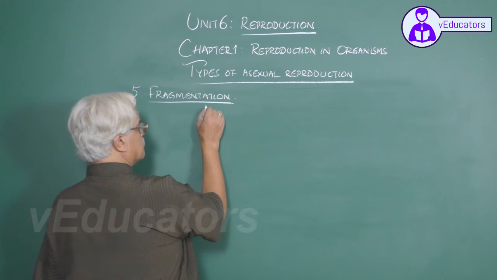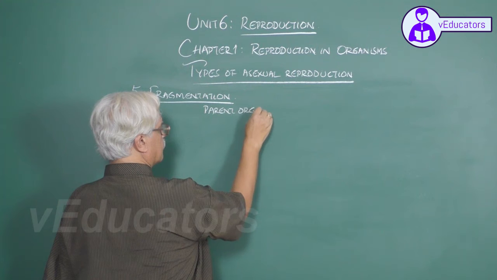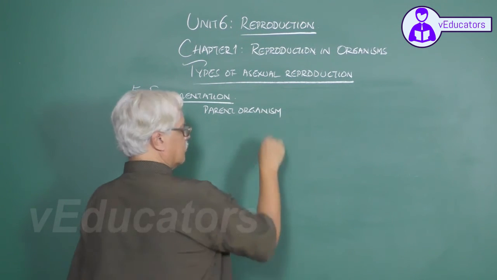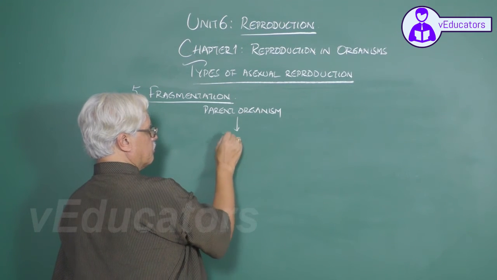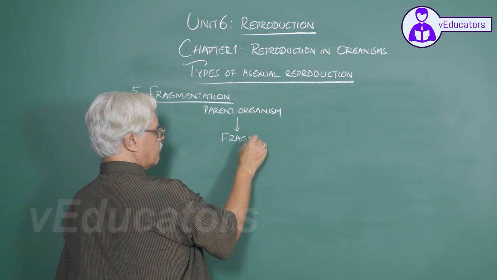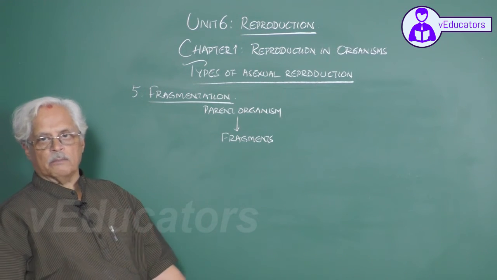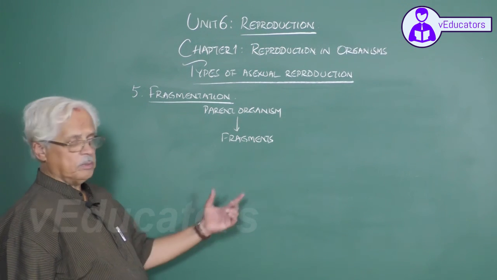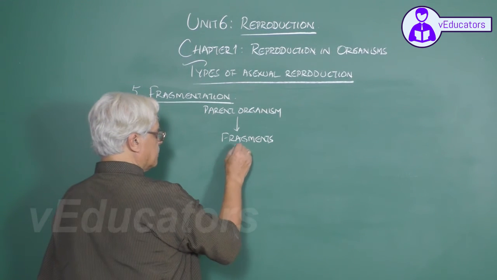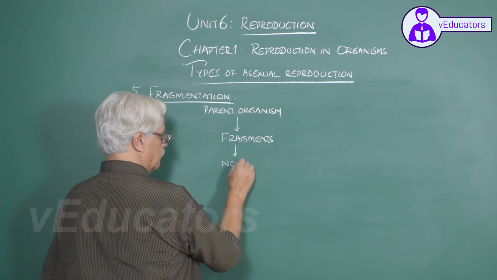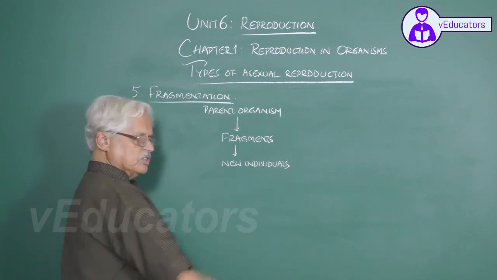What happens here is the body of the parent organism breaks into pieces called fragments. It may be two, it may be more than two fragments. Each of these fragments then develops into a new individual.